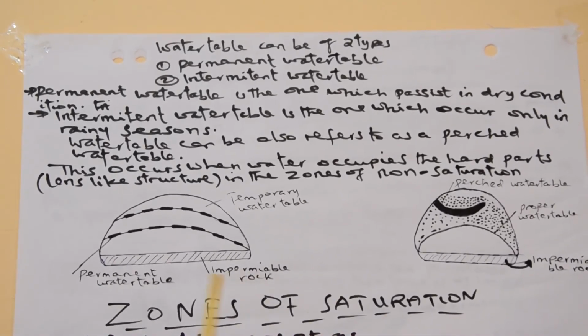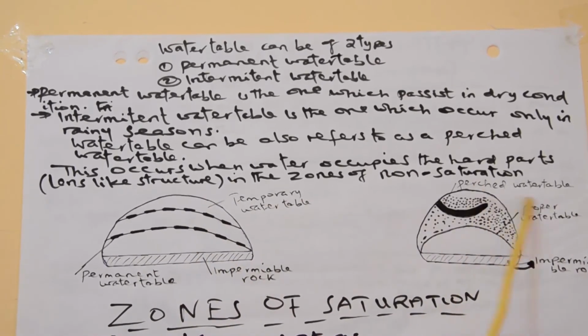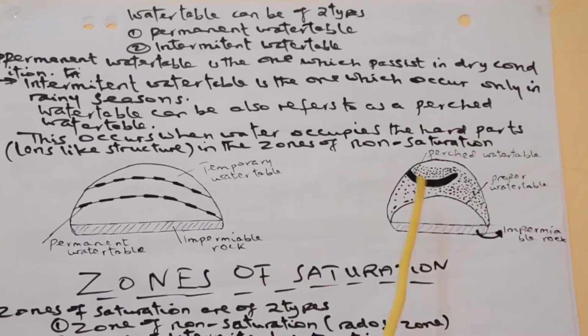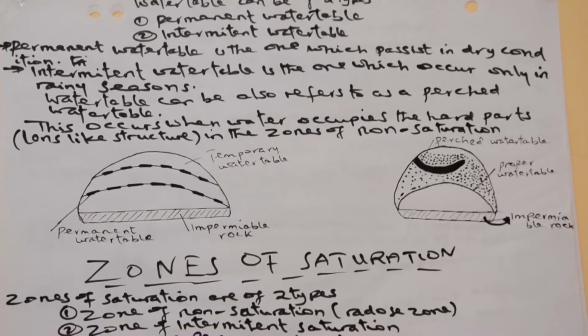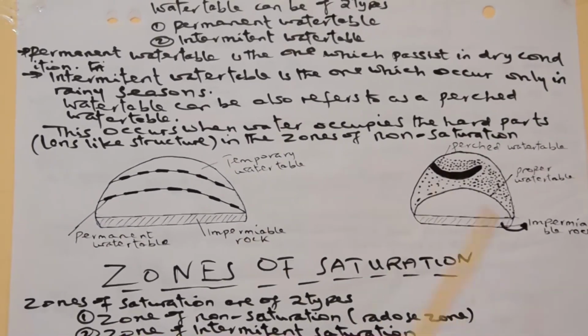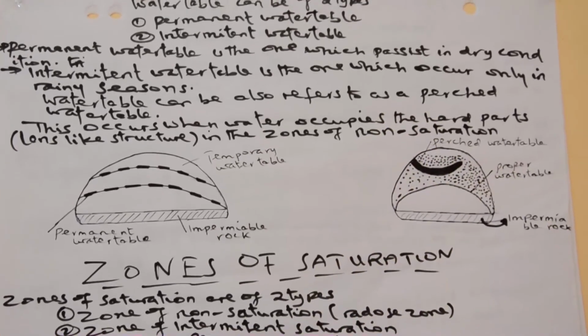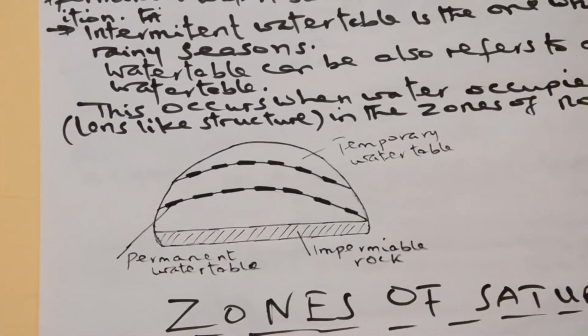Dear students, a water table can also be referred to as a perched water table. This occurs when water occupies the hard parts or crack-like structures in the zone of non-saturation. For instance, this structure shows the water table at different levels, like the zone of saturation, and for instance a lens-like structure.